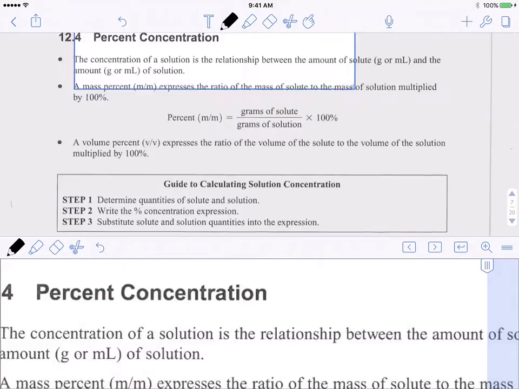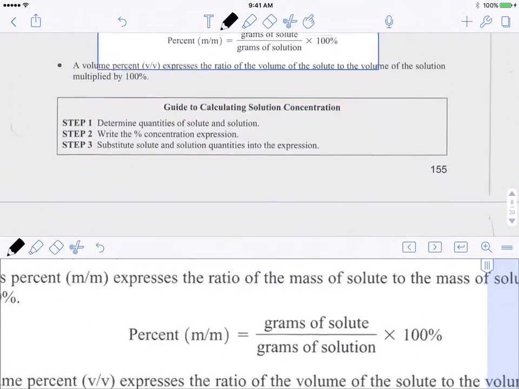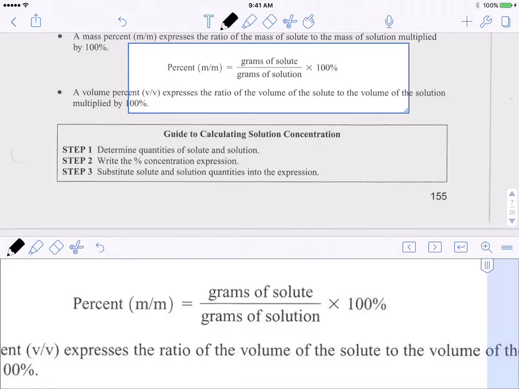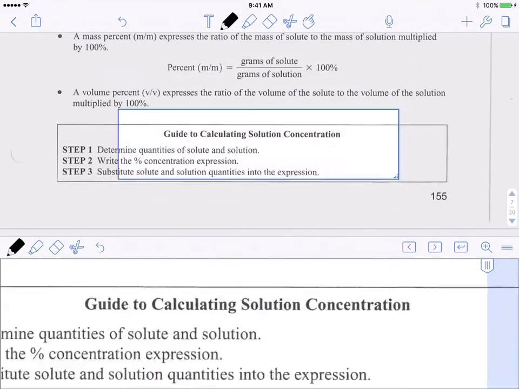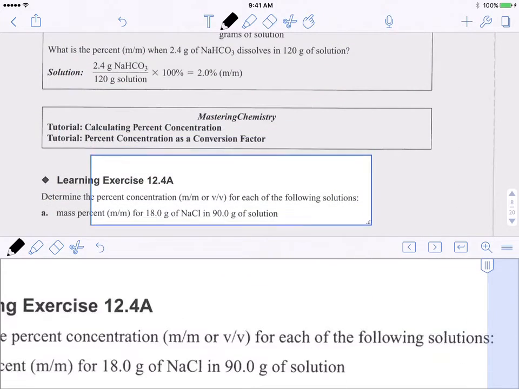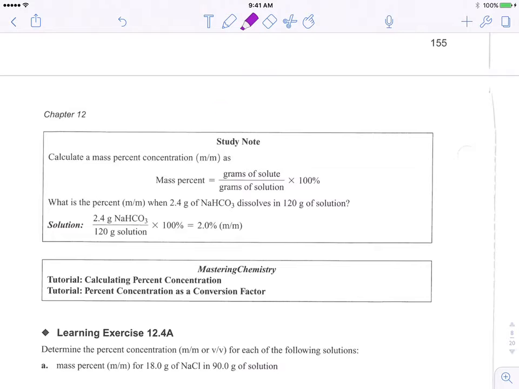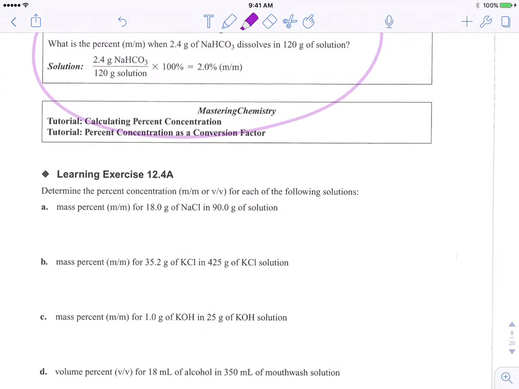Excellent. Percent concentration, 12.4a is what I wanted to do. So percent, of course, is grams solute over grams of solution, which includes the solute. I like these because it shows a quick example right here. Use the examples. They're really helpful. All right, mass percent: 18 grams of NaCl in a 90 gram solution.